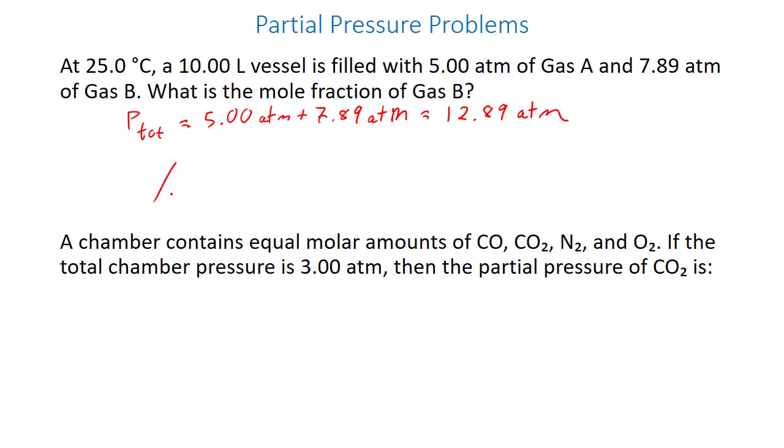And so the mole fraction of B is going to be the partial pressure of gas B, 7.89 atmospheres, divided by 12.89 atmospheres, or 0.612 atmospheres. Sorry, this should actually be unitless because a mole fraction is unitless.